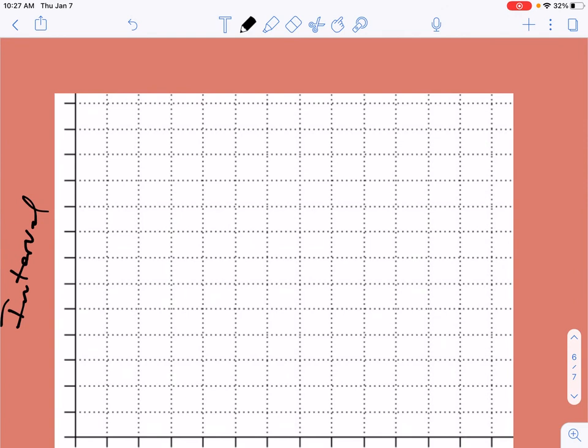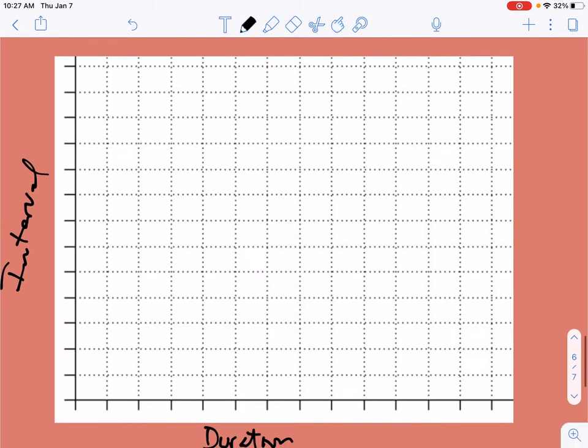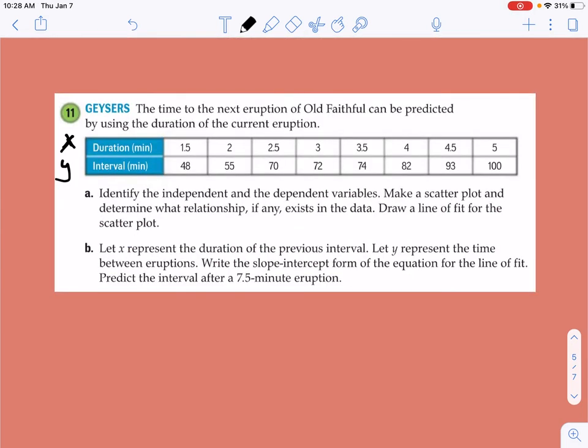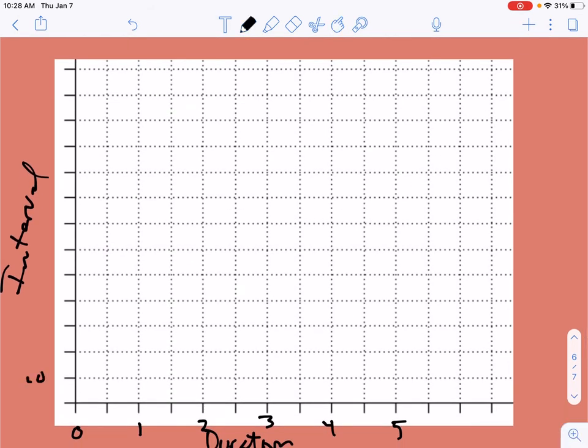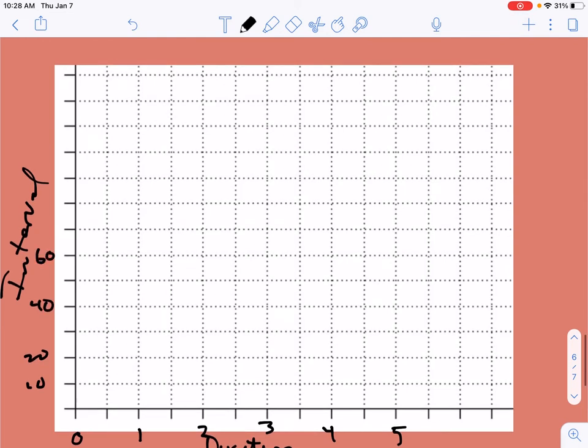So for duration, we'll say this is 1 minute, 2 minutes, 3 minutes, 4 minutes, 5 minutes. This is 0 minutes. And then interval, I believe it went up to 100, yeah, 100 minutes in between. So we'll do 10, 20, and then go up 40, 60, 80, and 100.